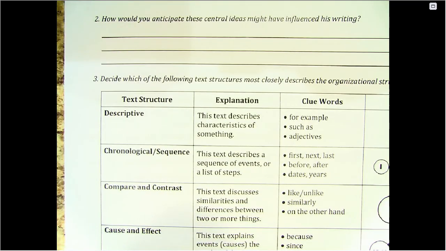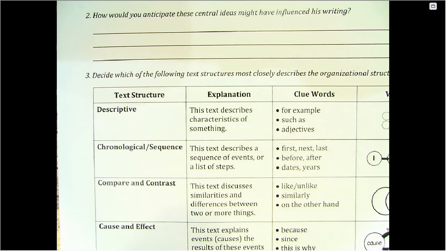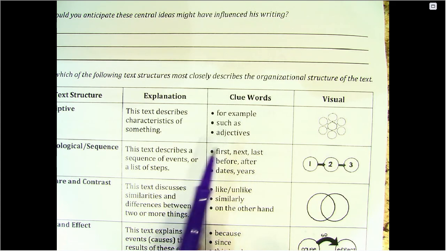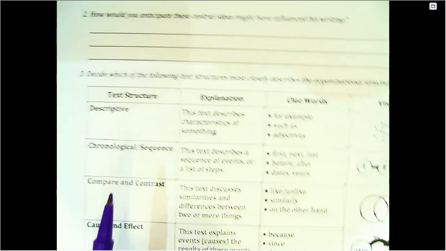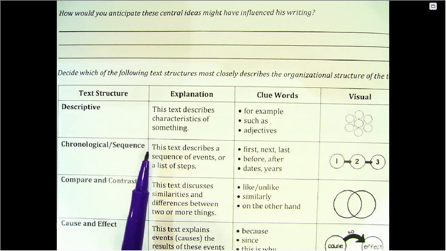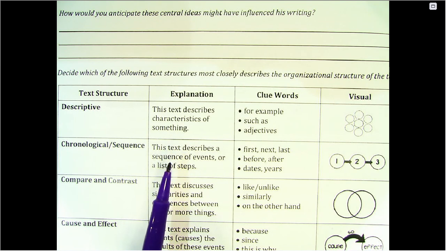Our choices are descriptive. Does the text describe characteristics of the author? Maybe. So you might see words like for example or such as, or maybe the use of adjectives. You see those things, you're probably dealing with a descriptive text. You might be dealing with a chronological or sequence text, which means that the text you've read describes the sequence of events or list of steps.